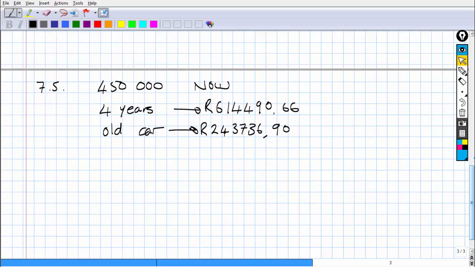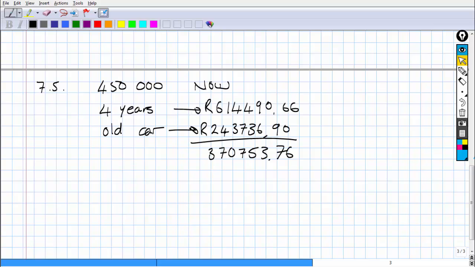So how much are you going to need for your sinking fund? That's the first piece. So you're going to require, you take the amount of a new vehicle, how much it's going to cost, minus how much you sell your old vehicle for, and you can figure out how much money you need for your sinking fund. So 370,753.76. So you literally subtract the two.